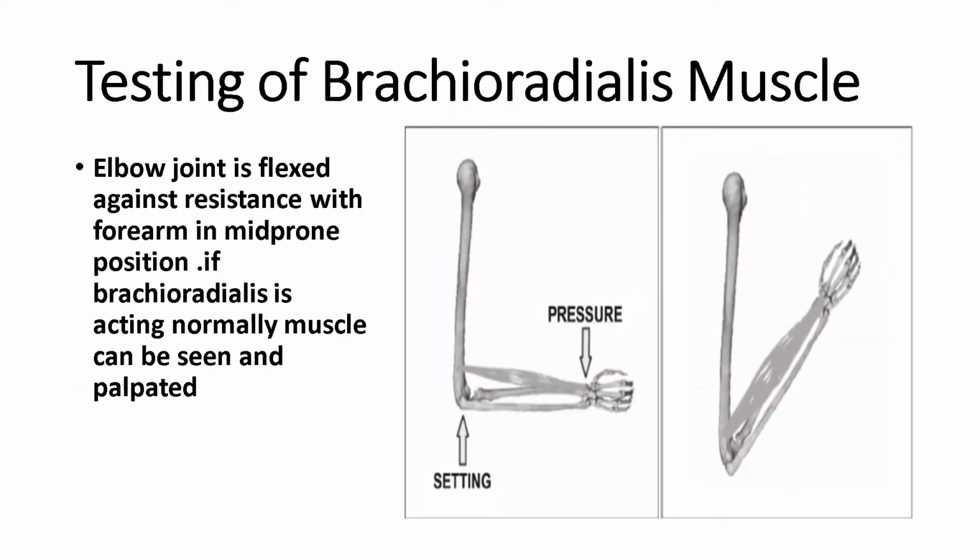So when we have to test the brachioradialis muscle, the elbow joint is flexed against resistance with the forearm in mid-prone position. This is the mid-prone position, and resistance is applied here, and the elbow joint is flexed. If the brachioradialis is acting normally, then the muscle can be seen and palpated easily.